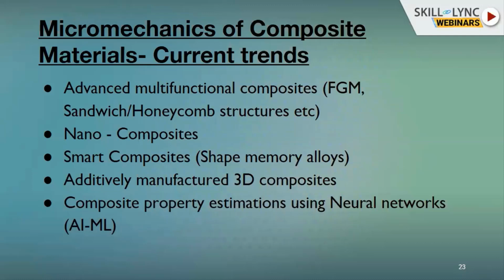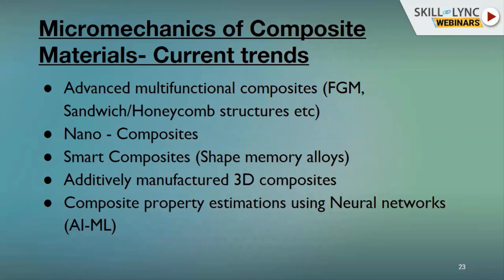Such composites are highly used in adaptive structures as well as in sensing and actuation. Smart composites also have embedded sensors in them. So not only do they have good structural design, but they also have good sensing and actuation capability.